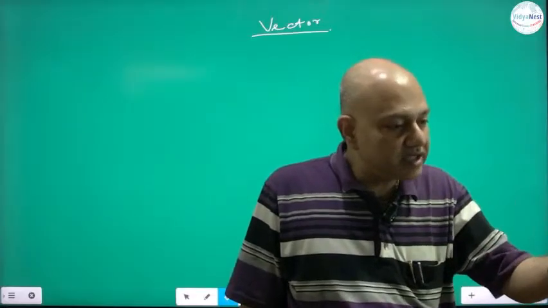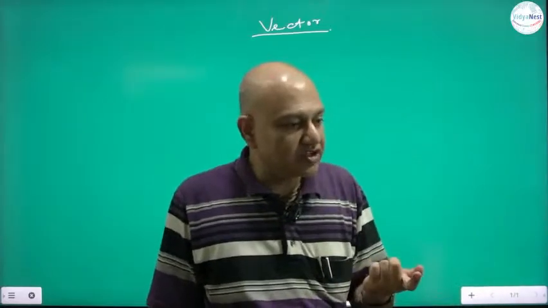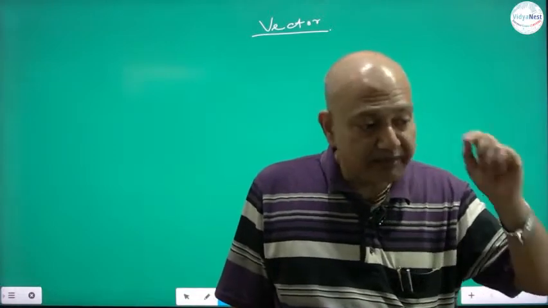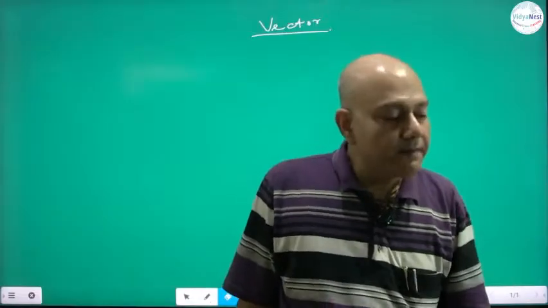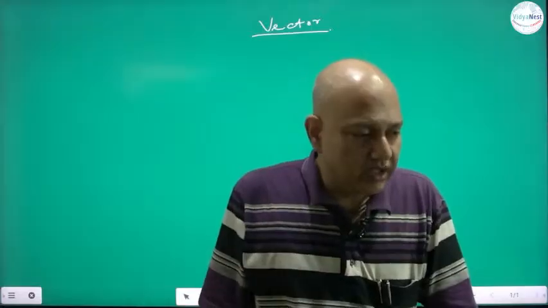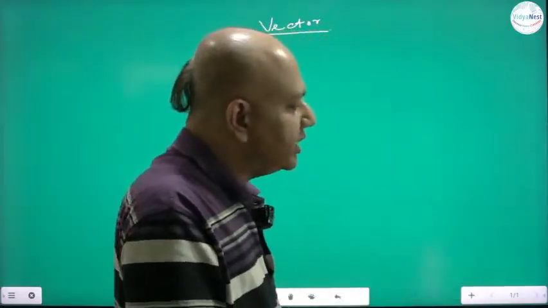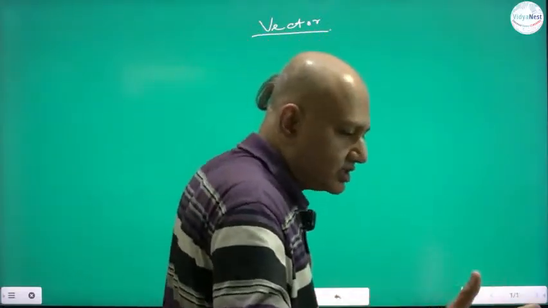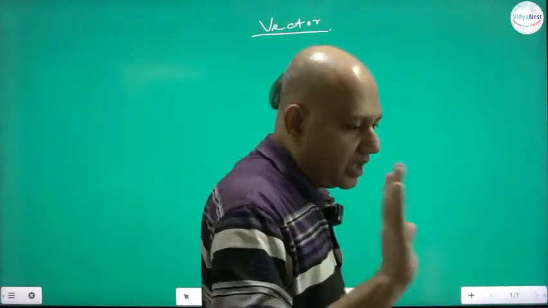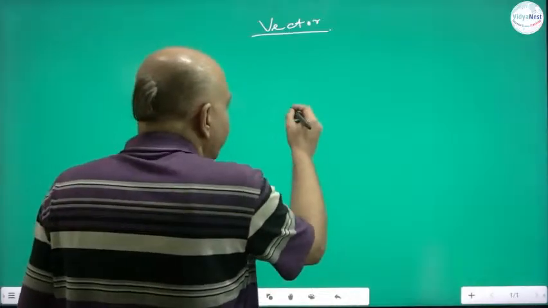Acceleration has direction as well as magnitude. Velocity has a direction as well as a magnitude, isn't it? Yes. So these are the vector quantities. Today we are going to discuss how to add two vectors.